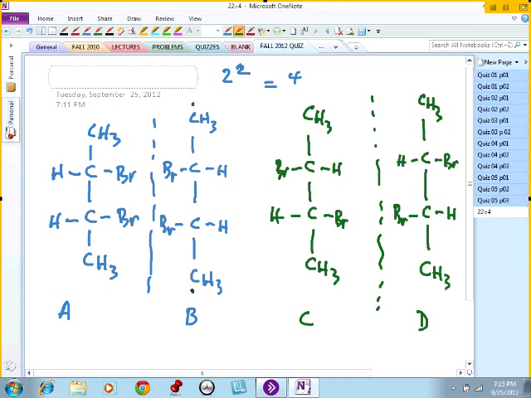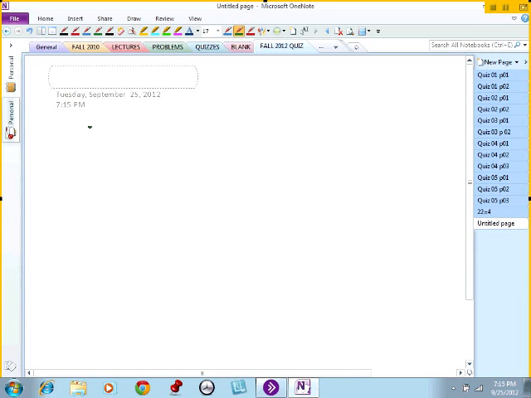Molecule A and B will superimpose on each other. Even though they are mirror images, they have chirality centers. This type of molecule we refer to as a meso molecule. Let me define a meso molecule for you.